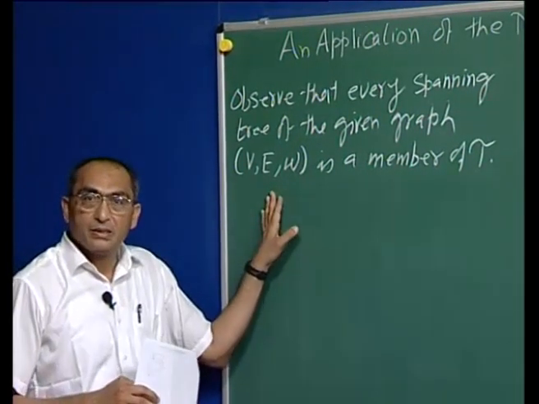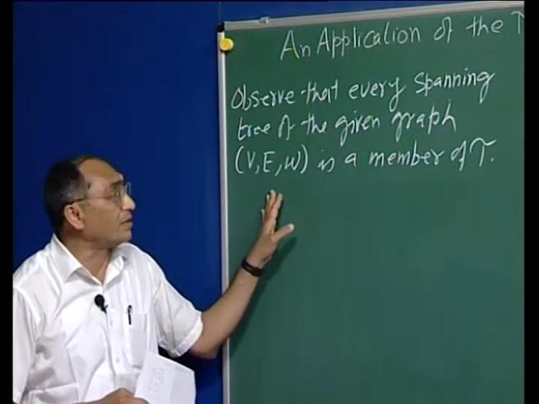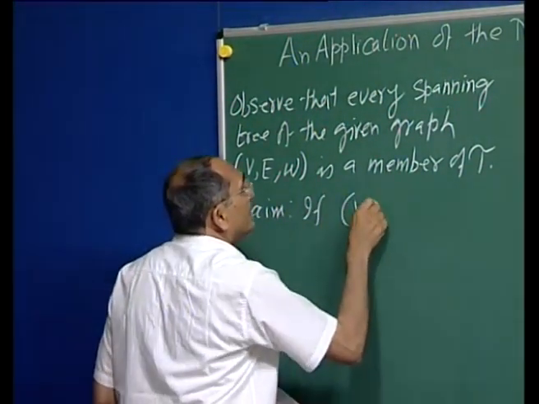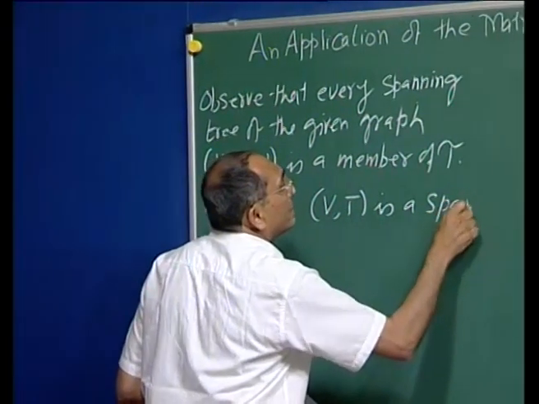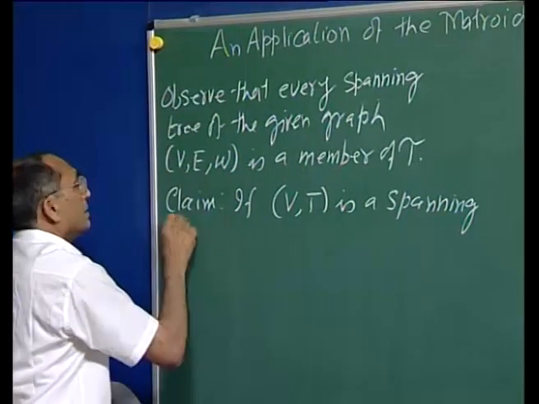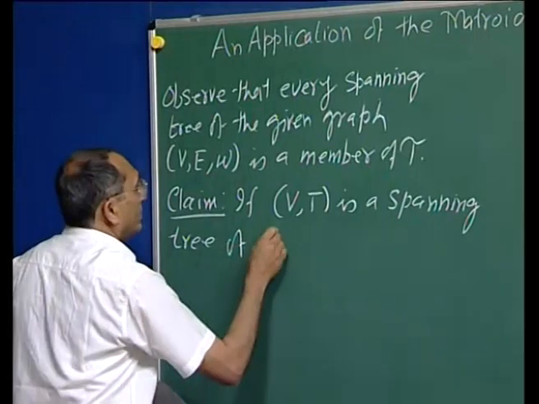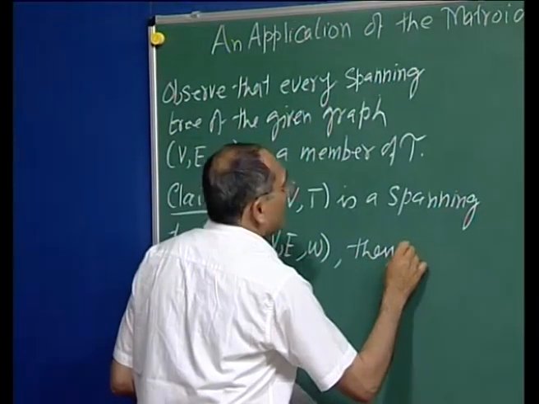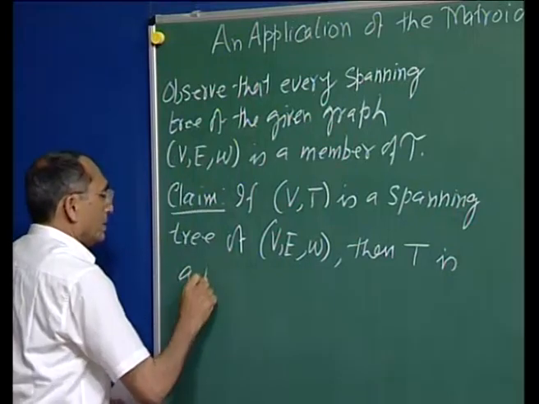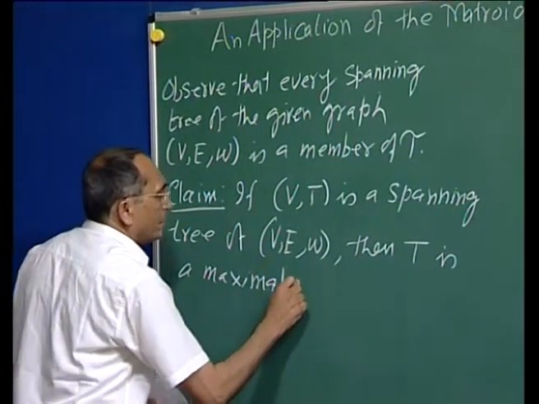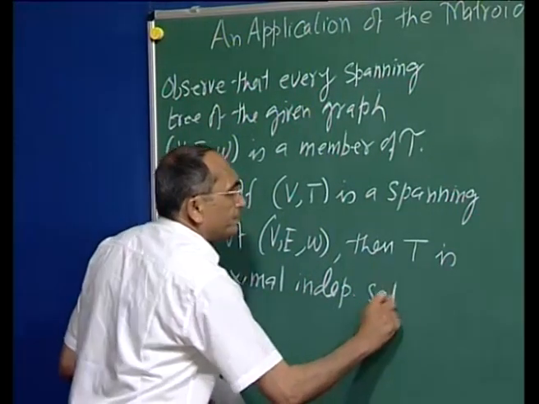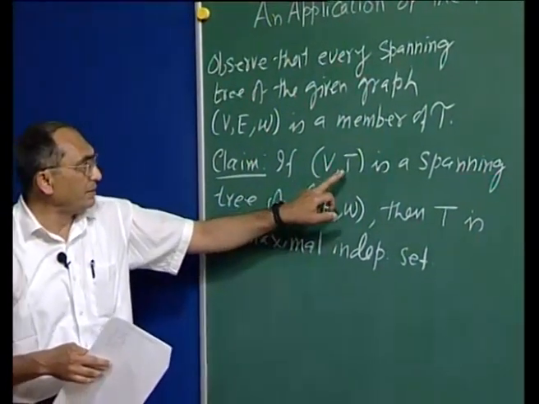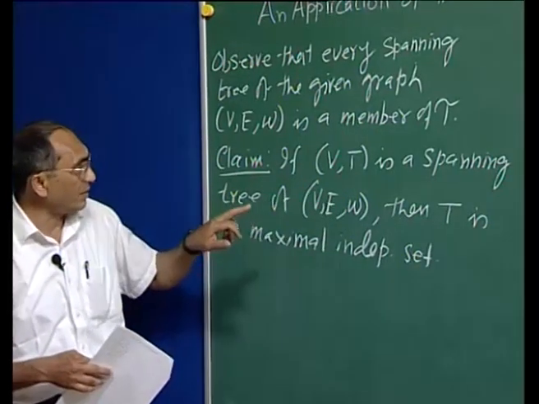Now, if they are not, then a spanning tree must be contained in another member of T. So, claim: if T is a spanning tree of the given graph, then T is a maximal independent set, a maximal set of script T. If this is not maximal, then this must be a proper subset of some member of script T.